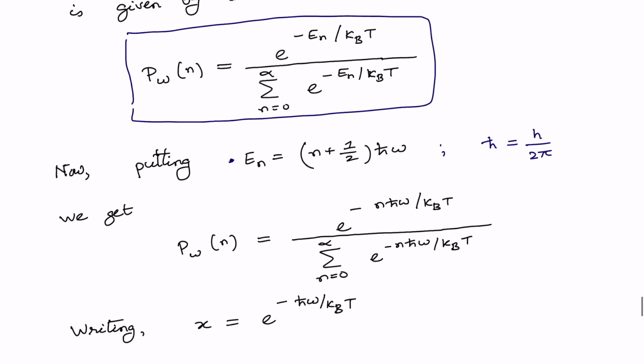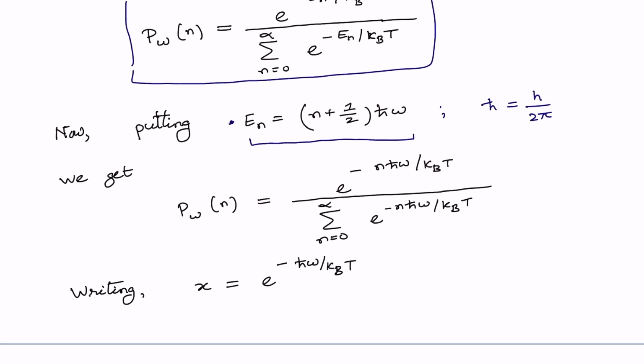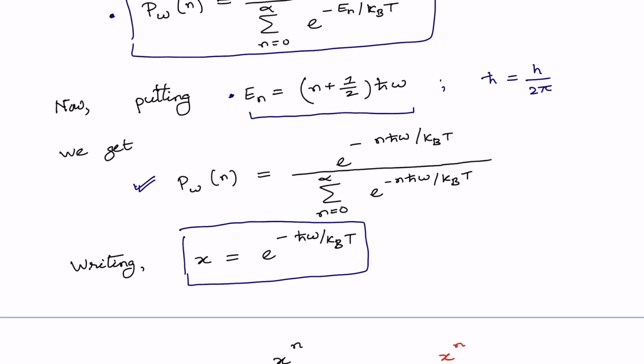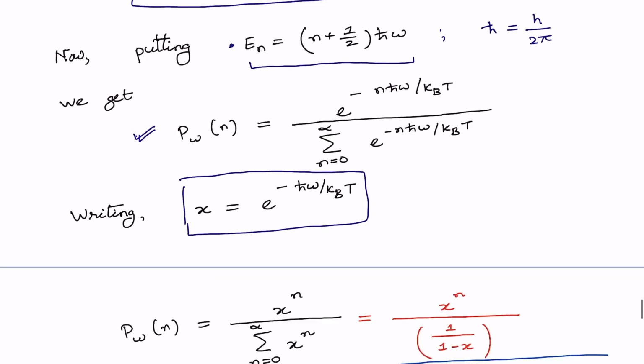Now putting E_n equal to (n plus half) h bar omega in the expression for this probability distribution, we obtain this expression. Then we can simplify it by taking x equal to e to the power minus h bar omega by k_B T. By the way, k_B is the Boltzmann constant.